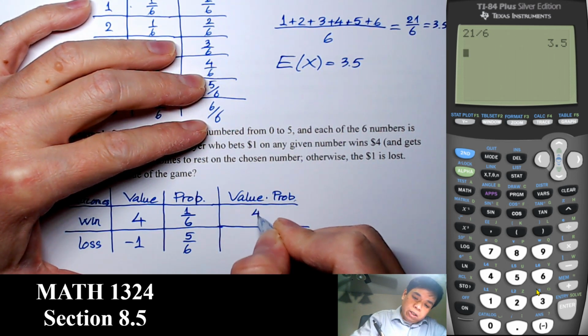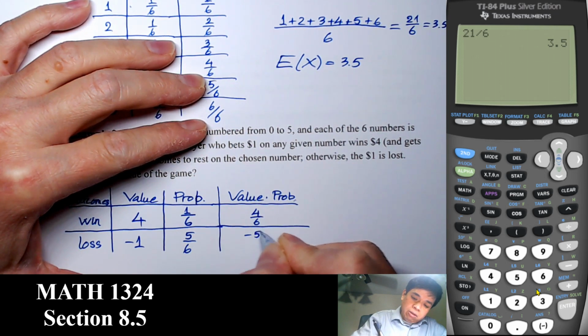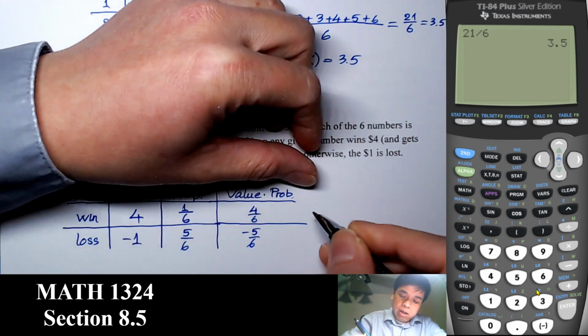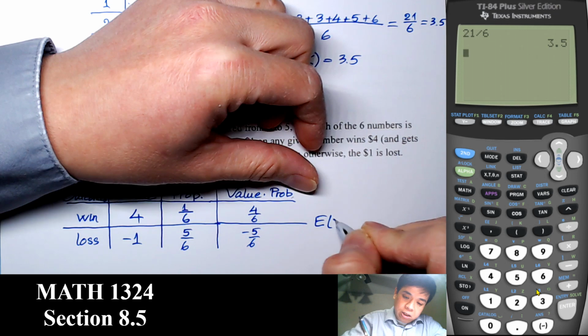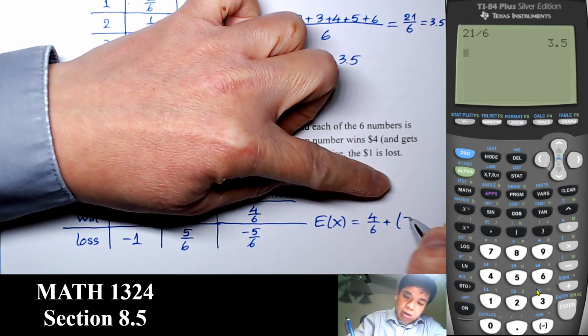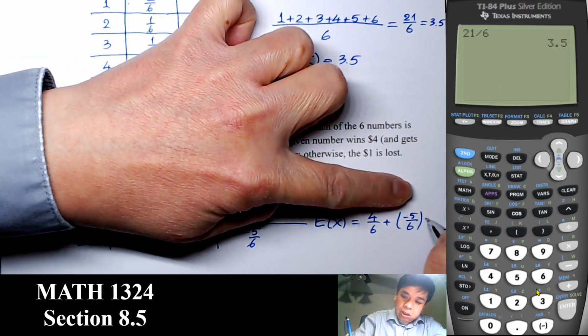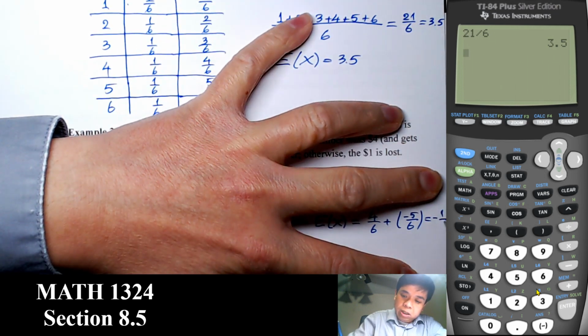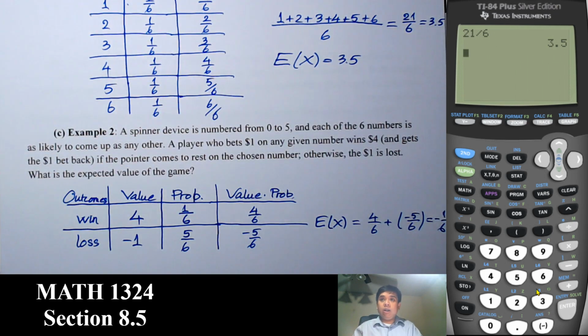You have 4 over 6 minus 5 over 6, and if you add them up, the expected value is 4 over 6 plus negative 5 over 6, which gives you negative 1 over 6. So in the long run, we lose about 1 over 6 every time we play this game.